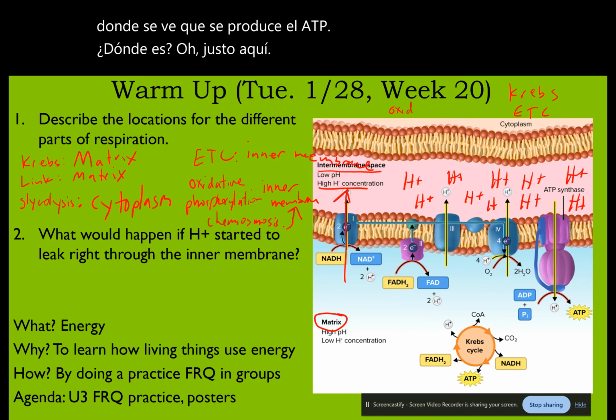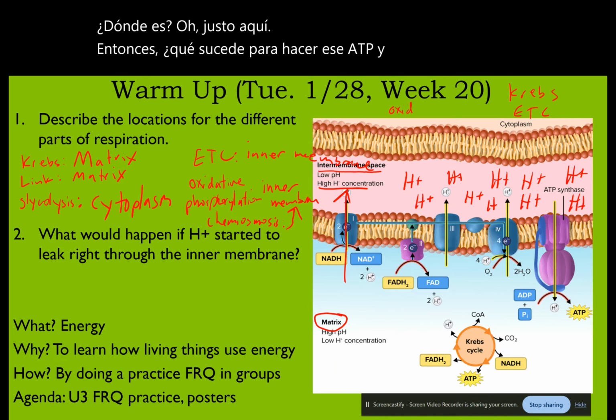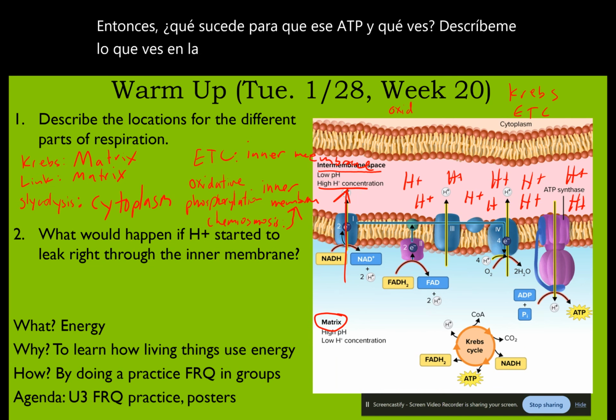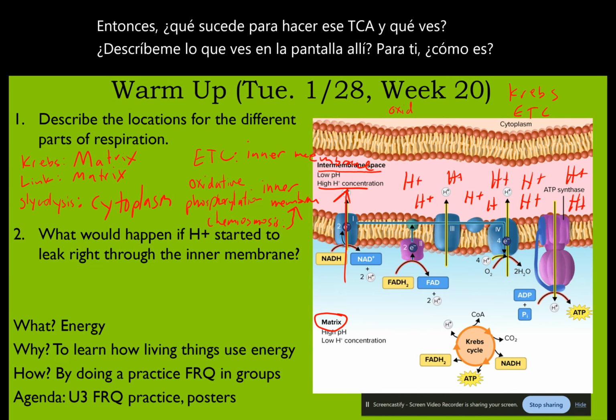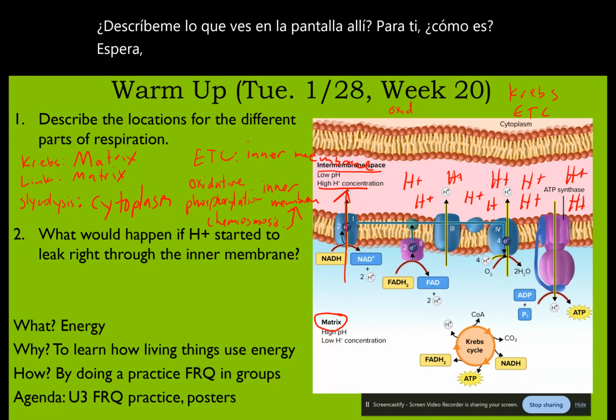So what happens to make that ATP? Like, what do you see? Describe to me what you see on the screen there. To you, what does it look like? You see where the ATP is? Over here? Yeah. So what happens to make that ATP?